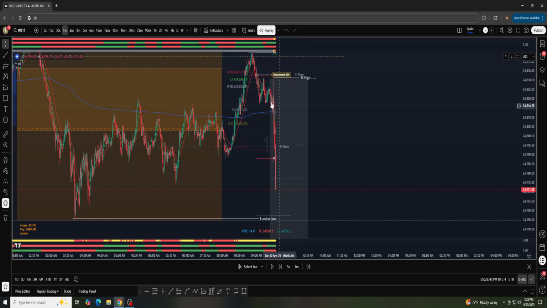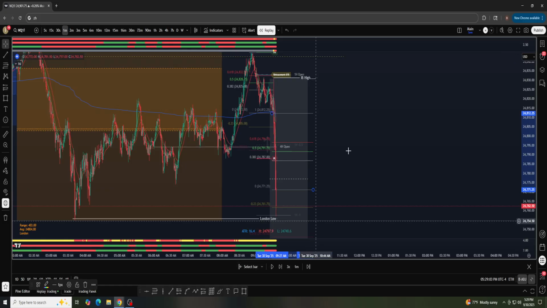But because price closed below the negative 61.8%, and I have the London low due to the London set, I'm looking for the anchor of this low to wherever price stops, and then looking to short the green 50% line to London low.